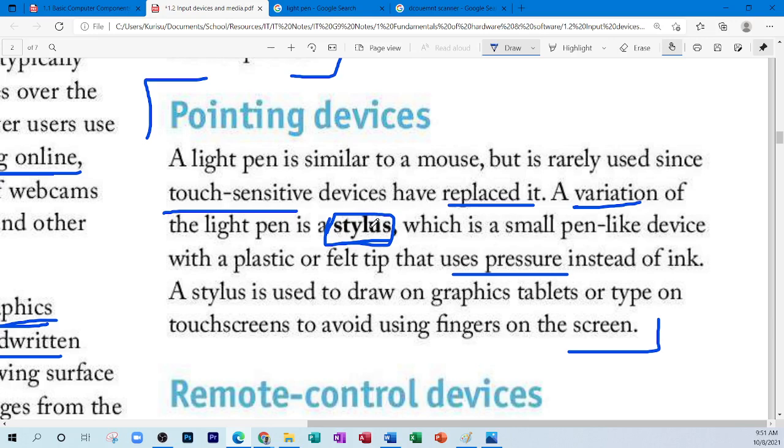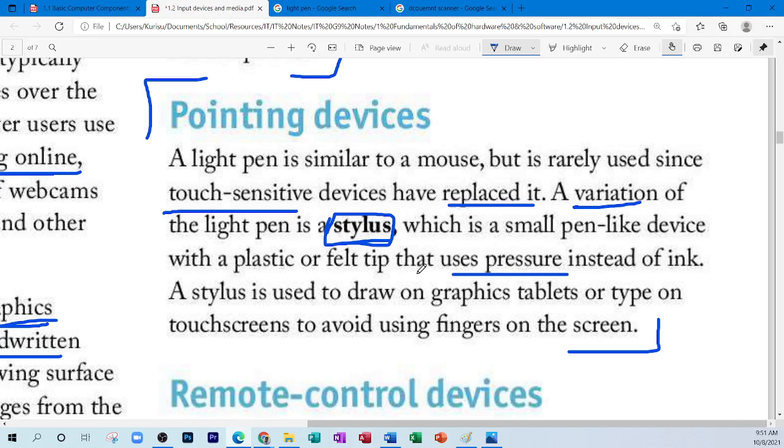So that stylus, that's why it's in use today, because it helps us to use our devices a little more comfortably. We can use our tablets, our phones, even our laptops with those stylus.